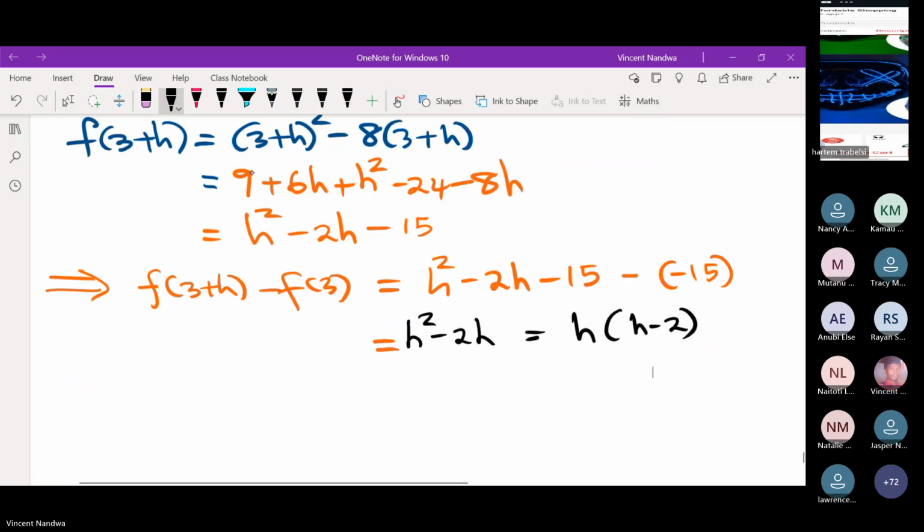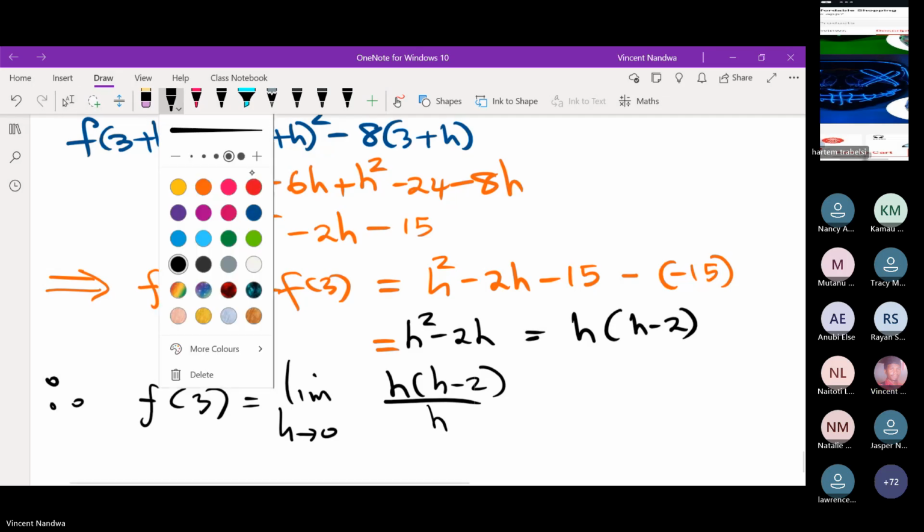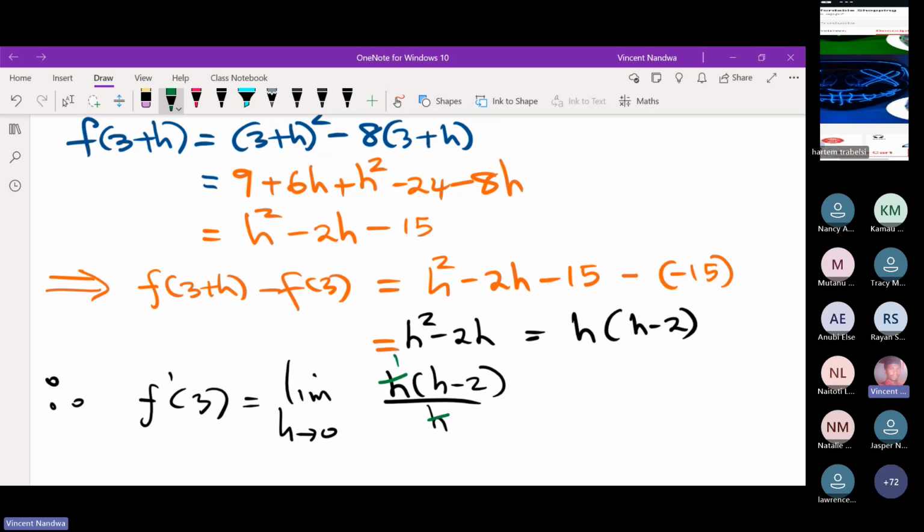Therefore, f prime at 3 will be the limit as h approaches 0 of the simplified numerator h into h minus 2, divided by h. Then h and h cancel out, so we'll have the limit as h approaches 0 of h minus 2. So what will be the value? Negative 2. Yes, so that becomes the answer.